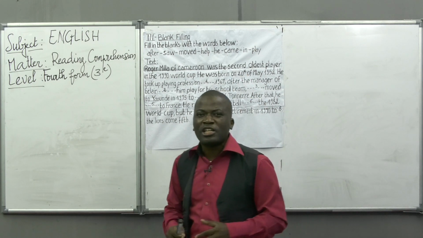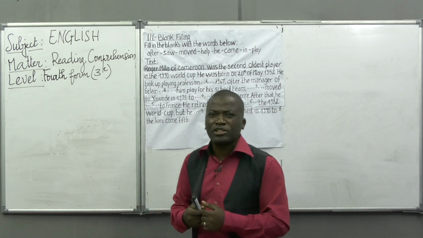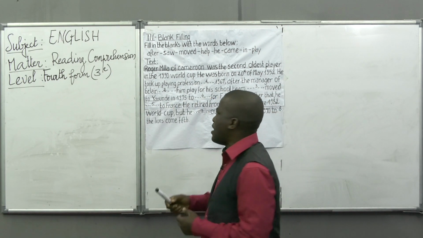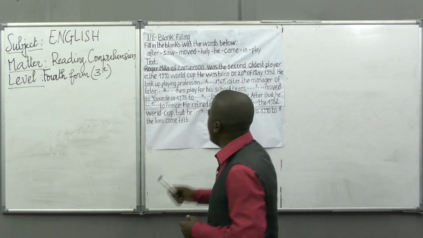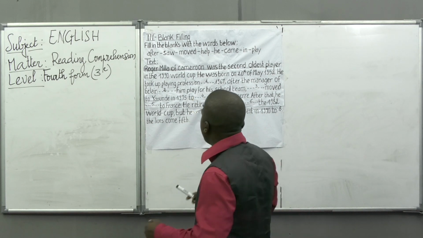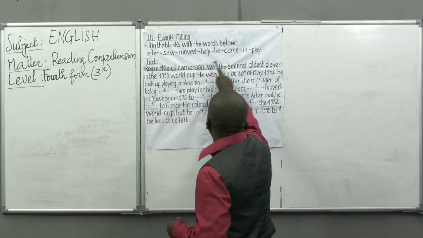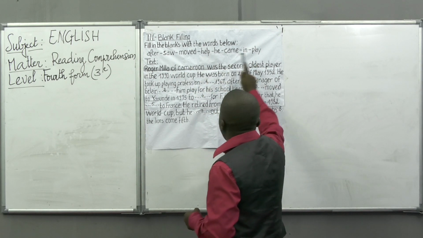Came is the preterite of the verb to come. To come in the present or the infinitive. Now, in the past, we say came. Good. In, a preposition. That's good. And also, at the end, we have play, another verb. Then how many verbs do we have? 1, 2, 3, 4, 5 verbs.